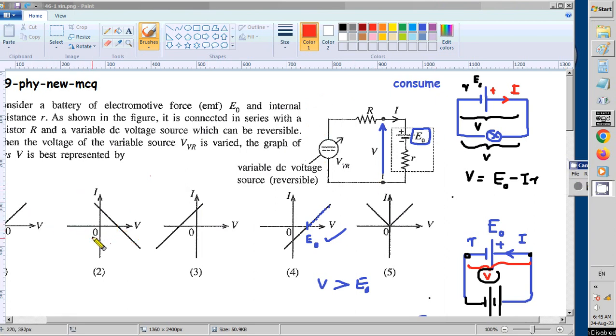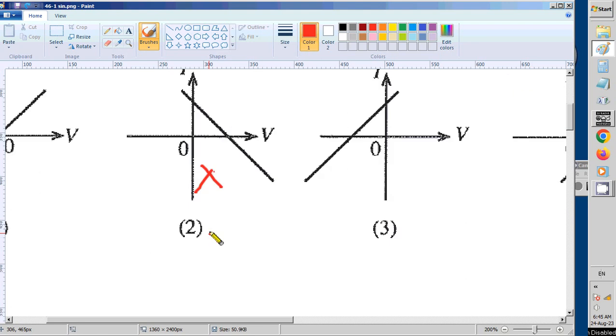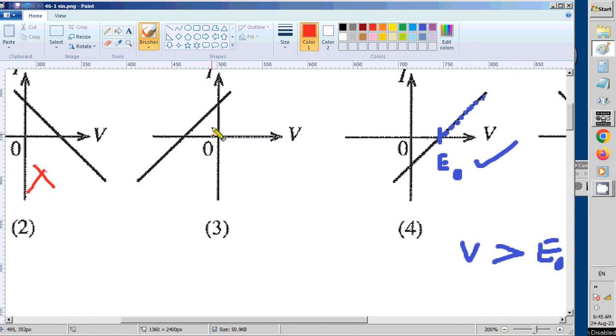So now let us focus our mind to this one. So let's take this point first. Here the voltage is 0, external voltage is 0.